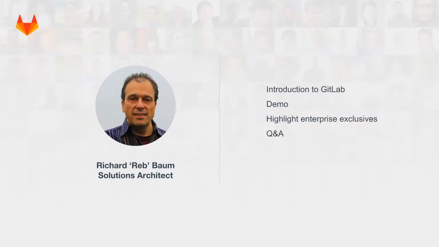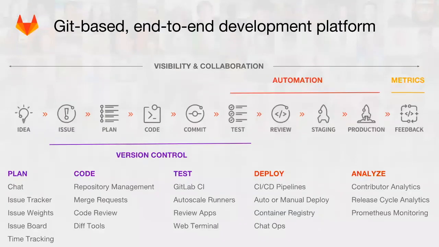All right, so let's get started. First, I want to give you the one marketing slide that we have, and that's really to get you a little bit of an understanding of the full breadth of the product. Git is the underlying platform that we work on, but GitLab itself is an end-to-end development platform that really starts, as we say, from idea to production, but as you can see, it really goes on the left from idea to even past production into feedback and metrics.